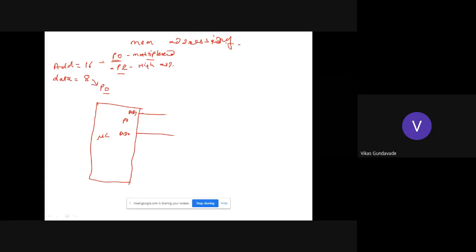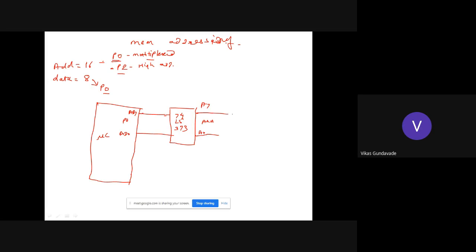Now, these lines are first connected to the latch 74LS373. For this latch, the multiplexed address data lines are connected. The output of this latch is nothing but the address lines A0 to A7.